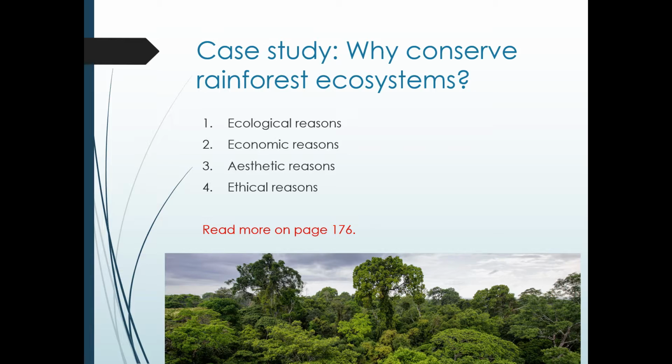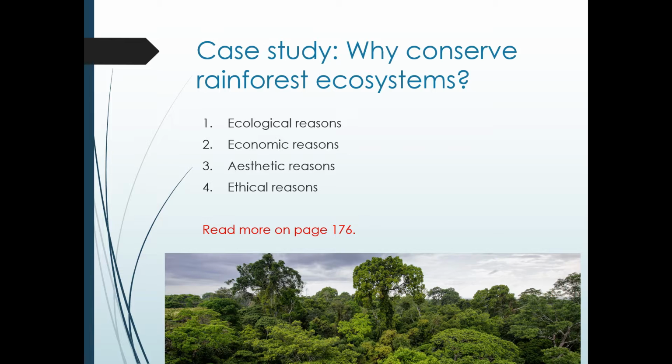Carrying on, we have a case study in our books. It is called Why Conserve Rainforest Ecosystems. When you are trying to do a conservation project, you get together different kinds of people, lawyers, economists, government specialists, and you create a statement on why you should conserve that specific habitat or species.